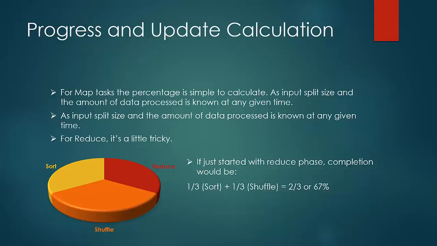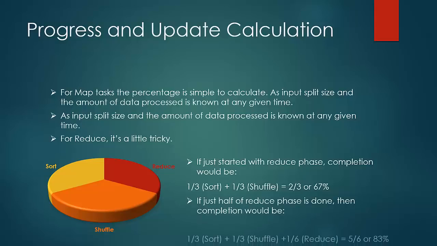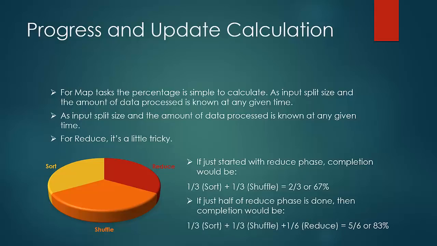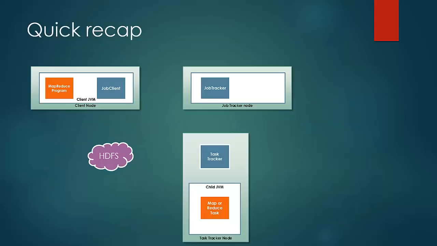If the reducer has processed half its inputs, the completion would be 1/3 contributed by sort plus another 1/3 contributed by shuffle and 1/6 contributed by reduce. It is 1/6 because half of 1/3 is 1/6, and when these are all summed up, it gives 5/6, that is 83%.